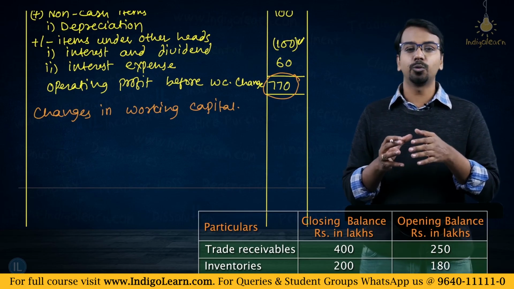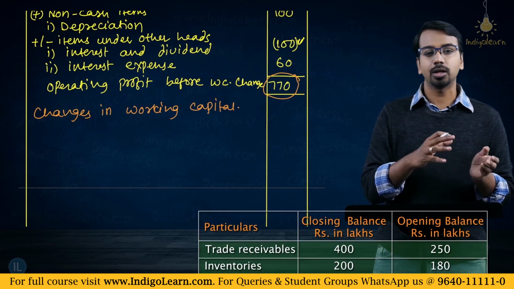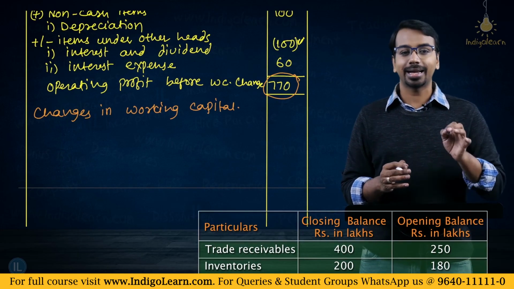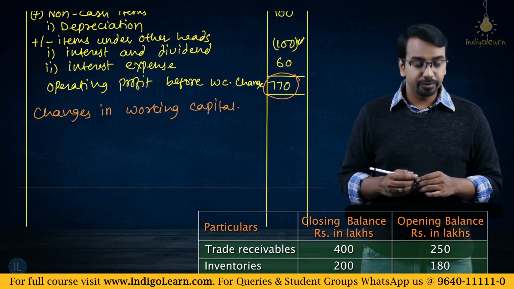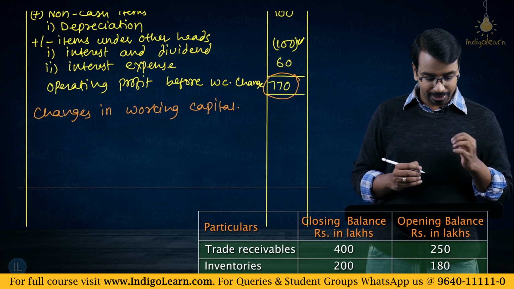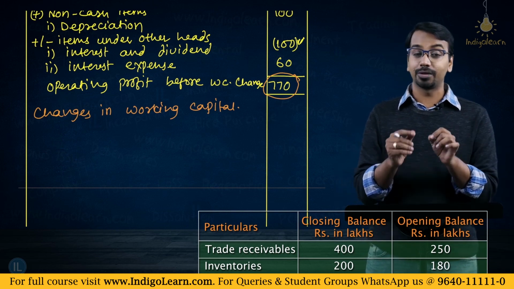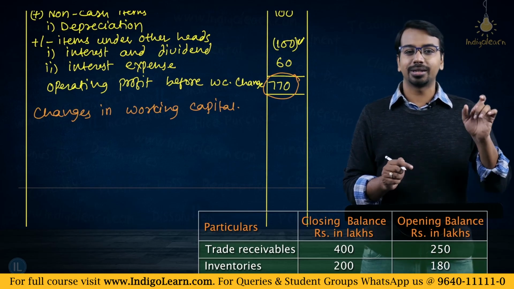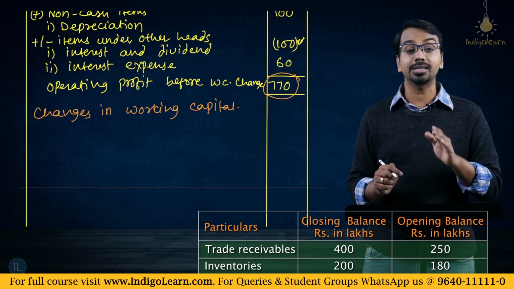Now the changes in working capital adjustment, as we discussed earlier, depends on whether it is on the asset side or on the liability side. Let us take item by item and plot them into this cash flow statement. If you look at the inventories, opening balance is 180, closing balance is 200, and please remember what we discussed earlier. For asset related items, you will see opening minus closing.